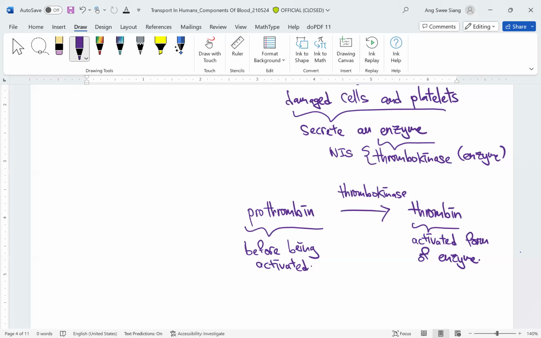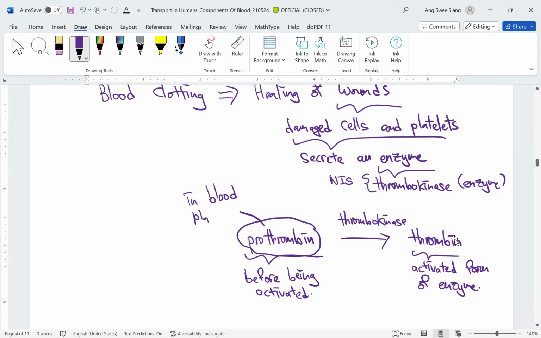Before it is activated, the prothrombin will be found in the plasma. This is also not in the syllabus, but I want to fill up the missing gap so that later on you can understand the full picture better.